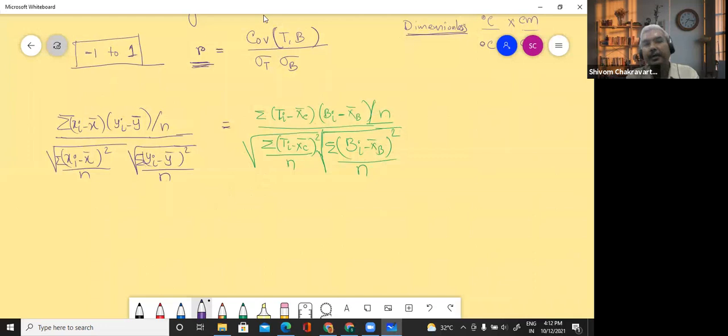Can anybody say how we can simplify this a little bit? Take a moment, take a minute, and try to see how we can simplify this expression.